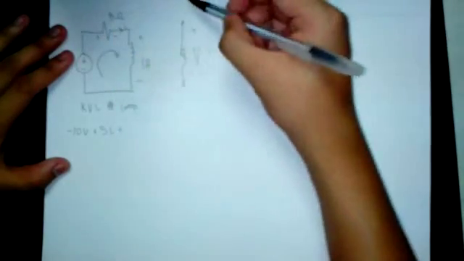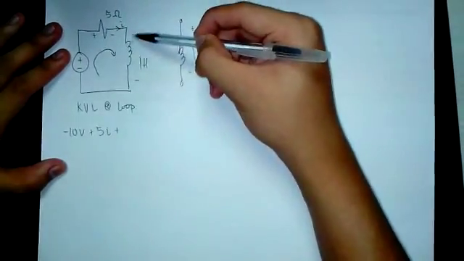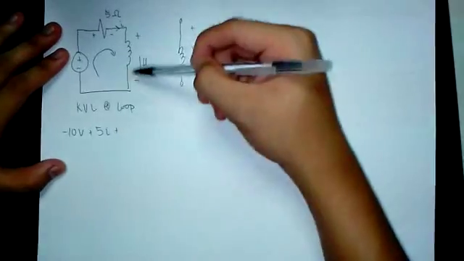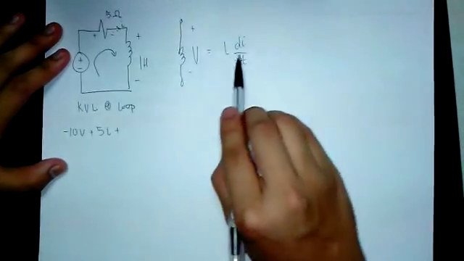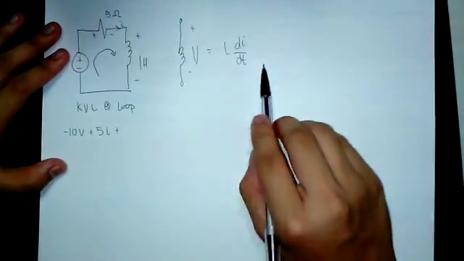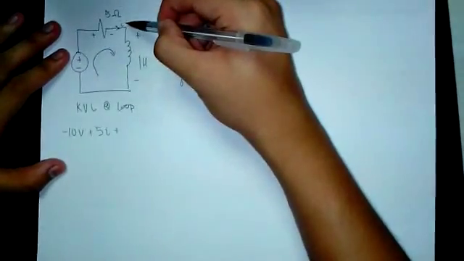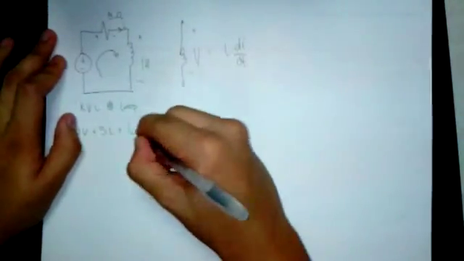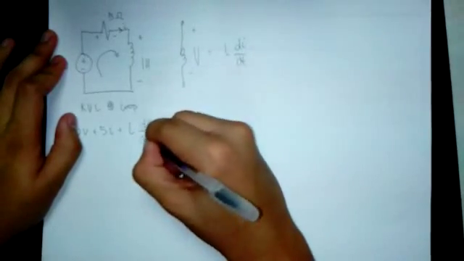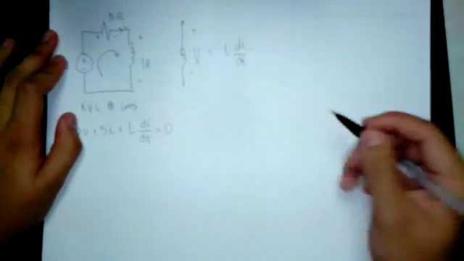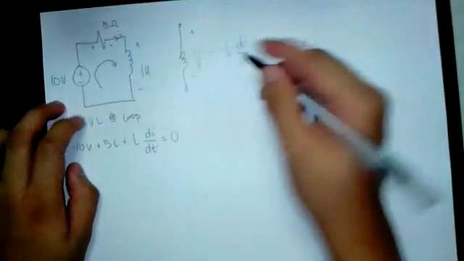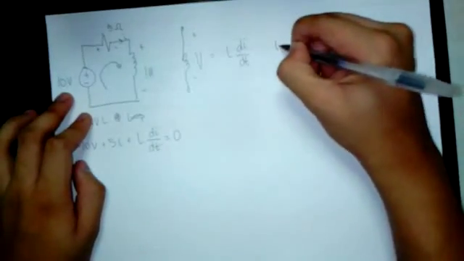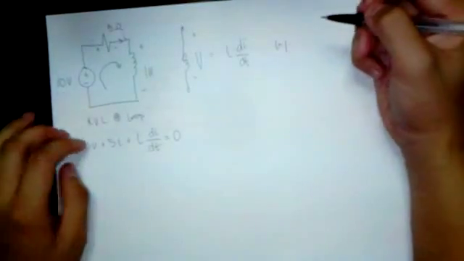So now, the voltage drop along the inductor is equal to L di over dt, and the current enters in a positive polarity. So it is plus L di over dt equals 0. Now, we know that L equals 1.